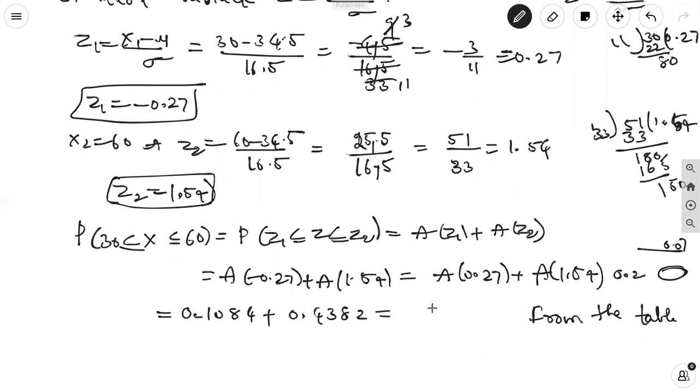Adding these, 0.1084 plus 0.4382 is equal to 0.5466.